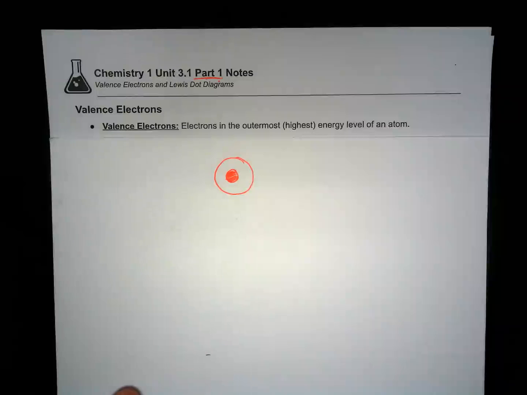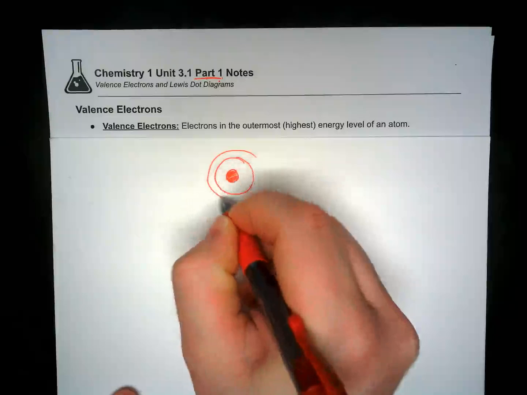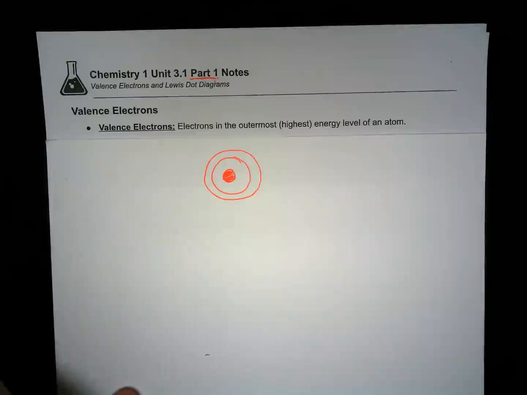We don't get terribly in depth with this right now. All we want is a super simple understanding: valence electrons are found outside, and specifically it's the outermost that we care about. For now, there are a number of different levels, but we just want to look at maybe 2 or 3 of them.